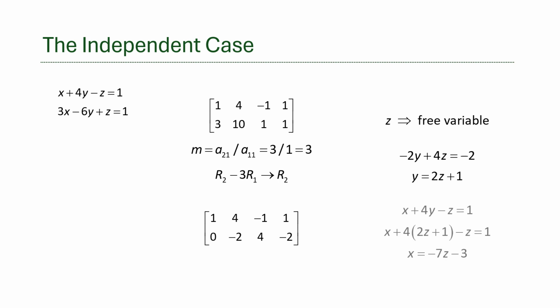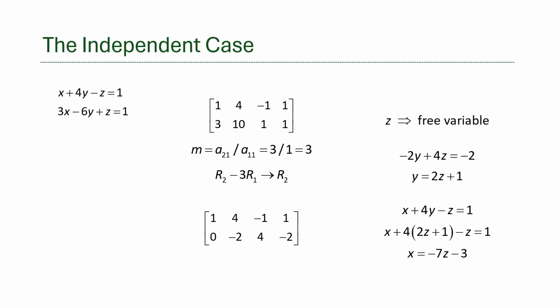Now finally, I'm going to do this one more time. I'm going to take the first row, convert that back into an equation, x plus 4y minus z equals 1. I'm going to substitute 2z plus 1 for y, because my ultimate goal here is to have formulas for the base variables in terms of the free variable.